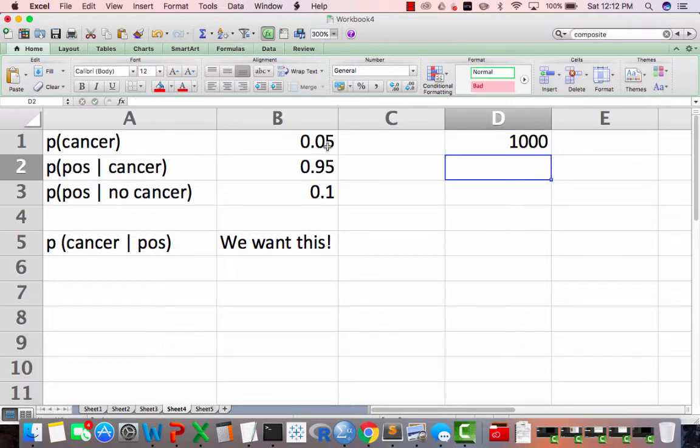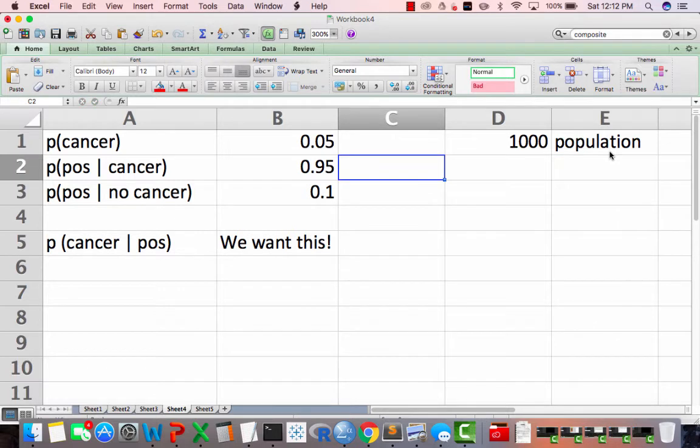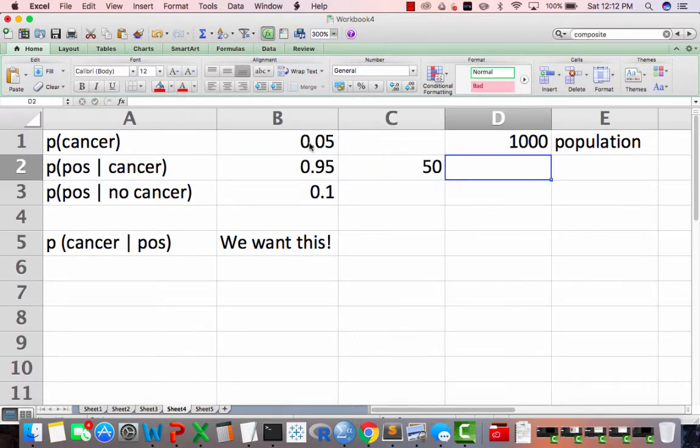We know that 5% of those people have cancer, so I'll multiply the 1,000 by this number. That gives us 50 people who have cancer, which leaves 950 who don't have cancer. That's just this minus this.